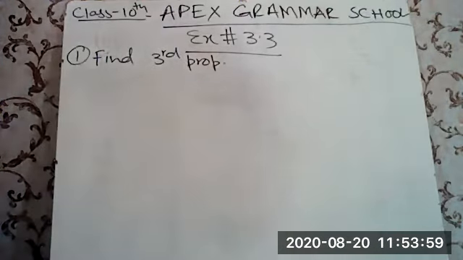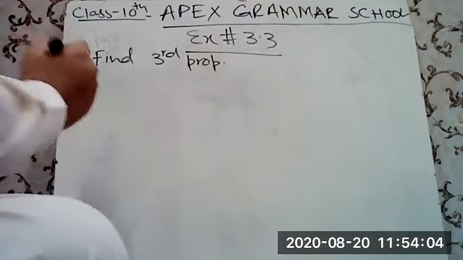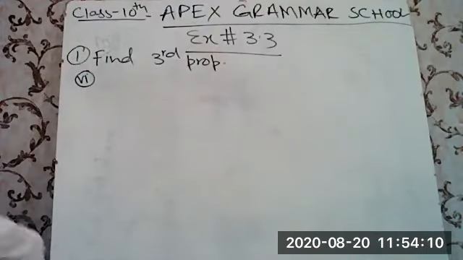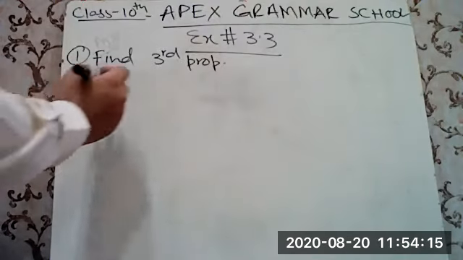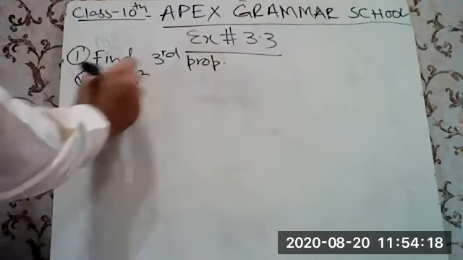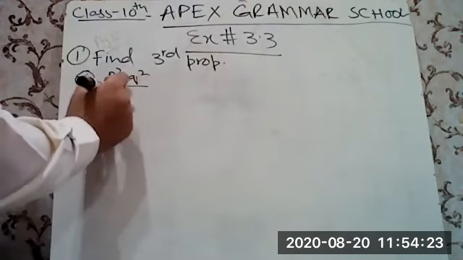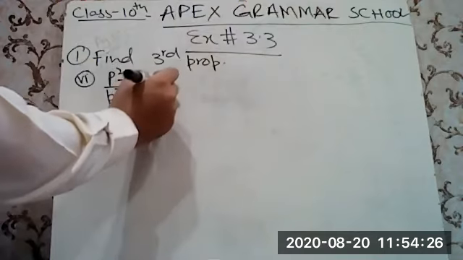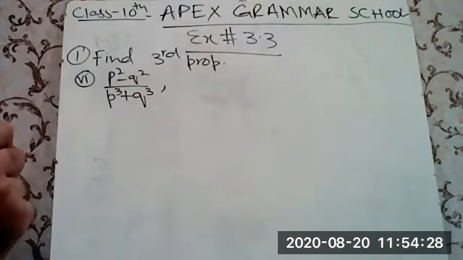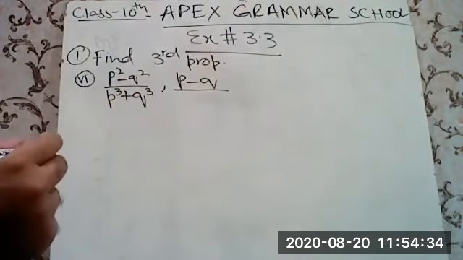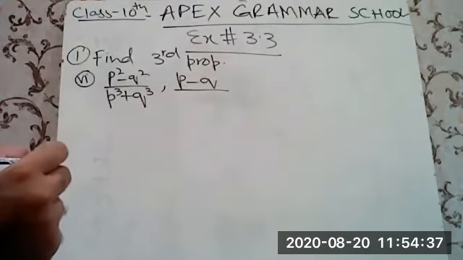Now, question number 1, part 6 is: p square minus q square divided by p cube plus q cube, comma, p minus q divided by p square minus pq plus q square.